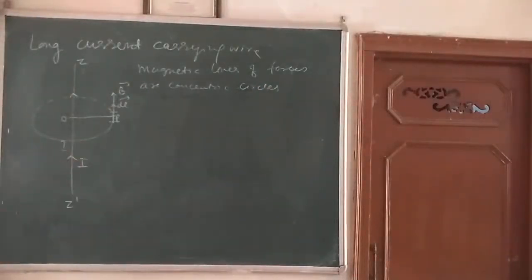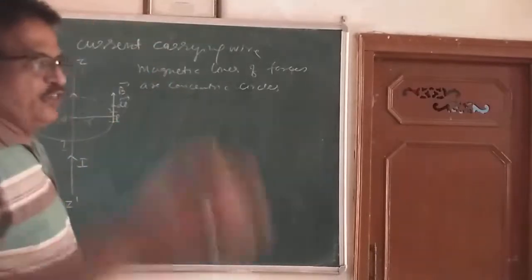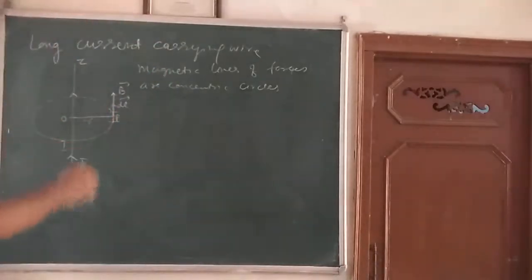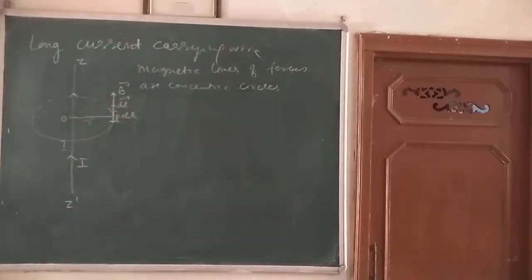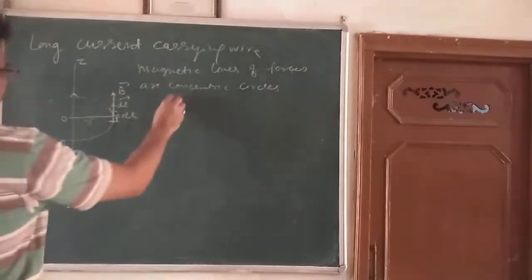Let the magnitude of the magnetic field induction produced at a point P, at a distance R from the conductor, be B. The direction of B at every point is along the tangent on the circle. Consider a small element dl at point P. The direction of B and dl are the same, so theta is equal to 0.